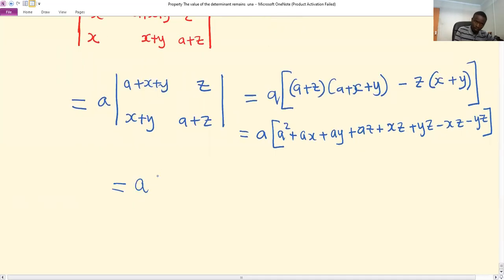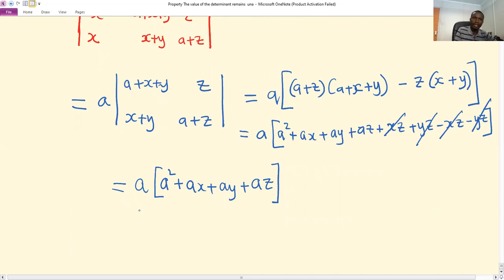This will be a into a squared plus ax plus ay plus az. And we see everything here has an a, so factor it out. So we'll have a squared into a plus x plus y plus z. And this is what was to be proved.